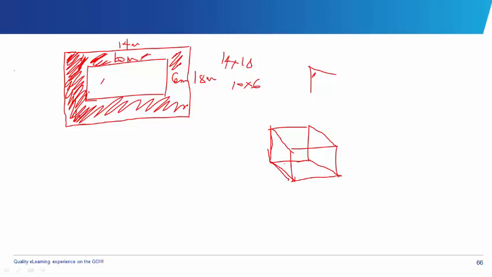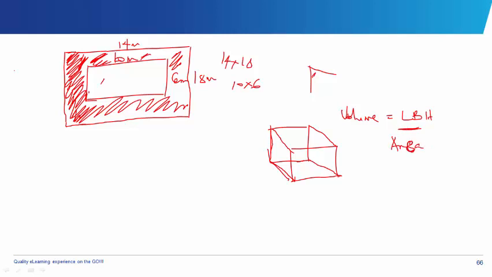Okay, and already explained in the previous chapters the volume of a cuboid is calculated as the length times breadth times the height, or we can say since length times breadth is the area, the area times the height.